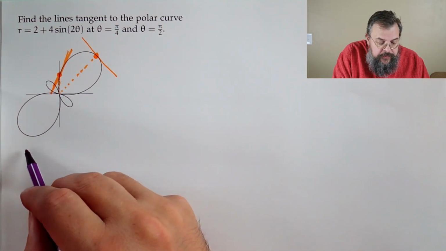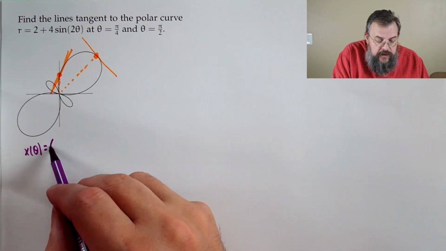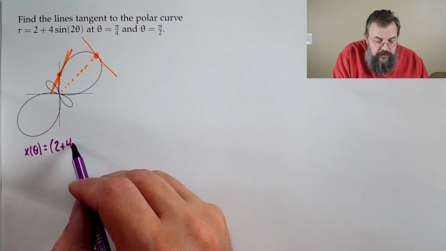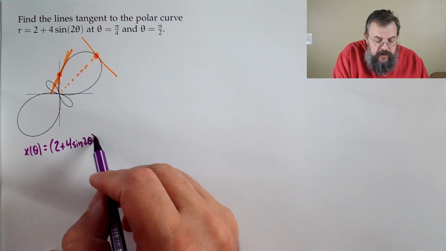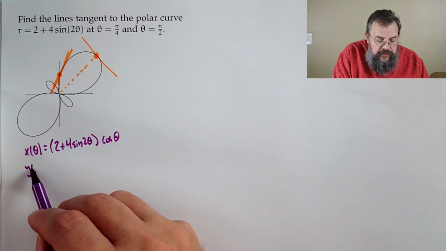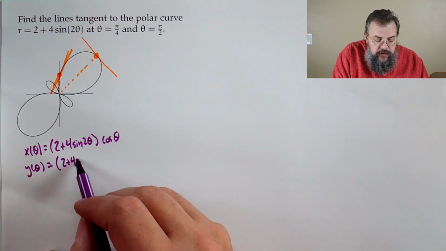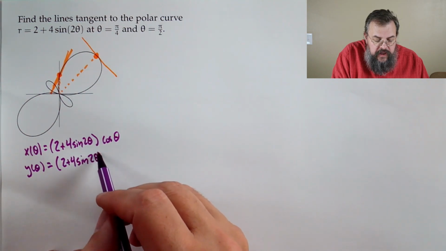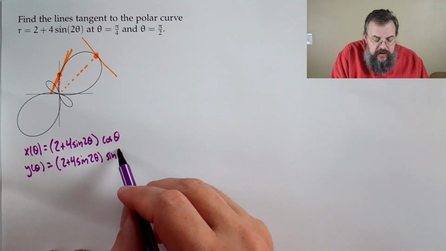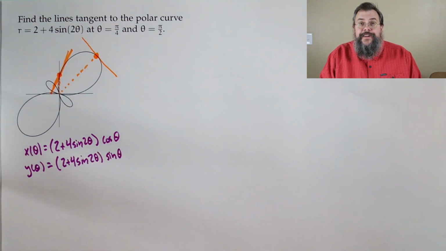So what do we have? x of theta, well, that's r, 2 plus 4 sine 2 theta times cosine theta. y of theta, that's r, 2 plus 4 sine 2 theta times sine theta. So r cosine theta, r sine theta. All right, so that's how we do our conversion.